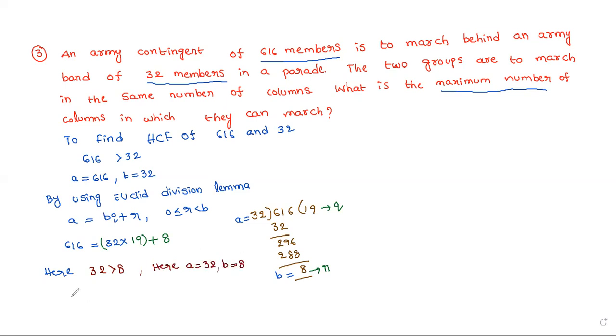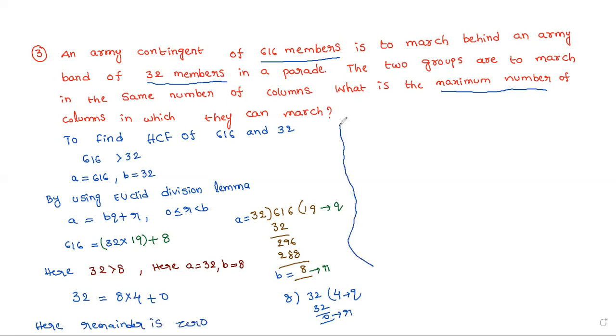Write down a is equal to bq plus r. Find the remainder: 8 times 4 is 32, so the remainder is 0. Here the remainder is 0, and the divisor is 8. Therefore, HCF is equal to 8.